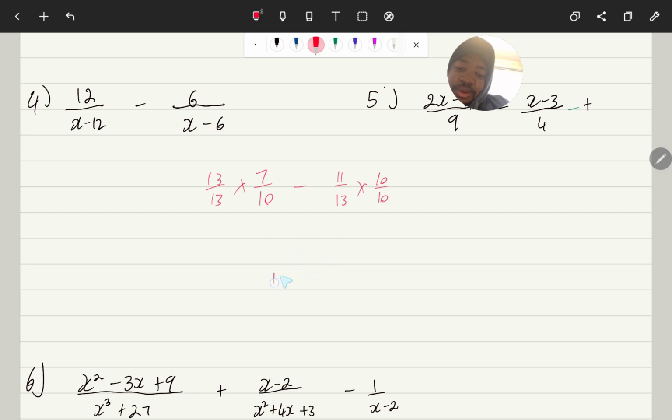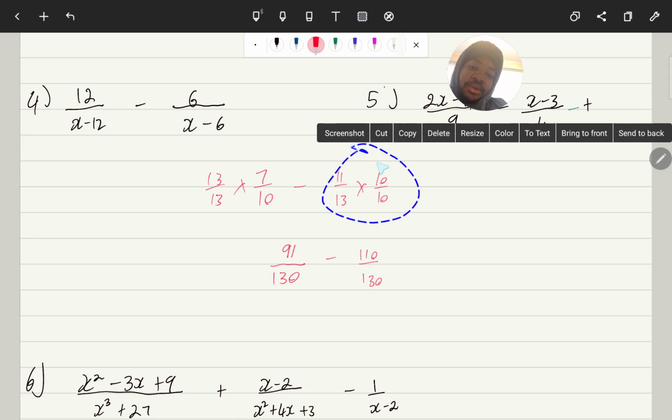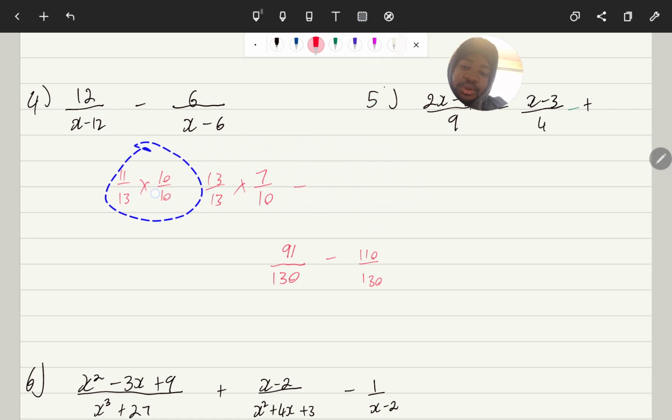Well, let me start with, you have 130, and then 7 times 13, that is 70 plus 21, 91. Then minus, here you have 110 over 130. Okay, I'm seeing here I don't want it to be a negative value, so let me just put the numbers this way.